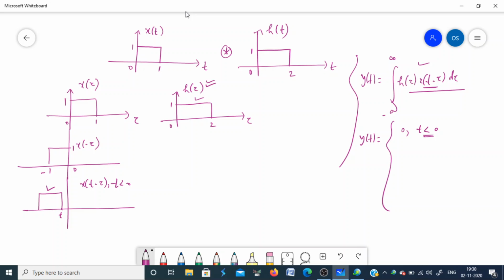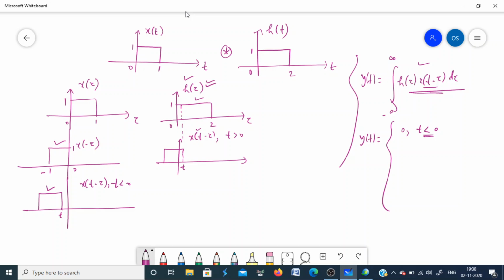Now for t greater than 0 you have to see the time limits within which this product takes the same equation. Now for t greater than 0, what will happen? X of t minus tau for t greater than 0 will be shifted to the right by some time t, maybe here. Then you multiply with h of tau and x of t minus tau, and you will see that this much is the overlapping region.